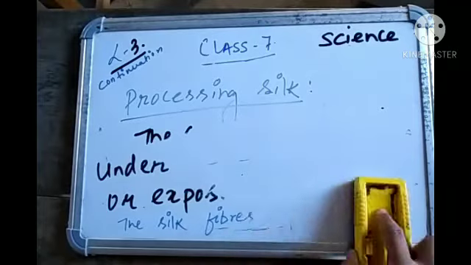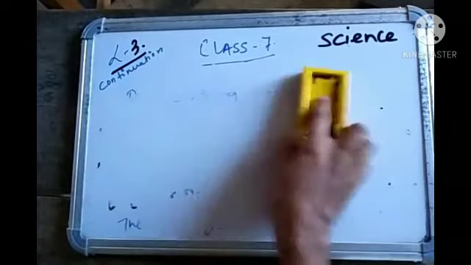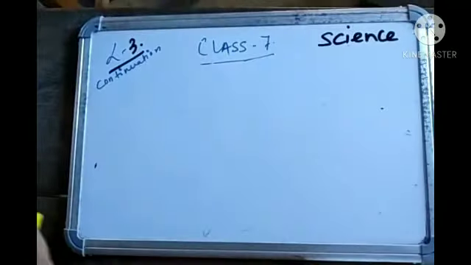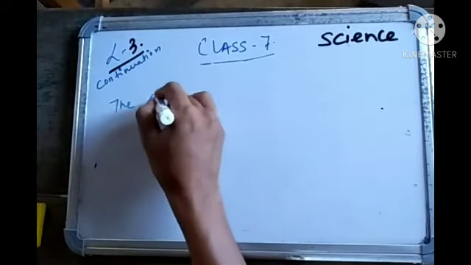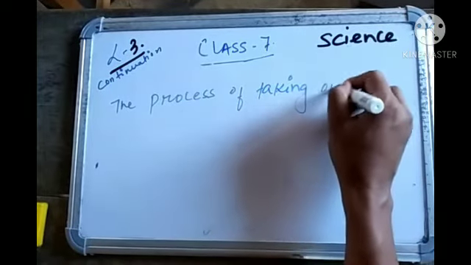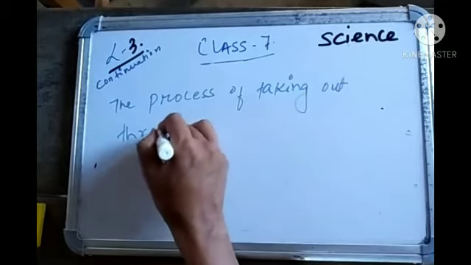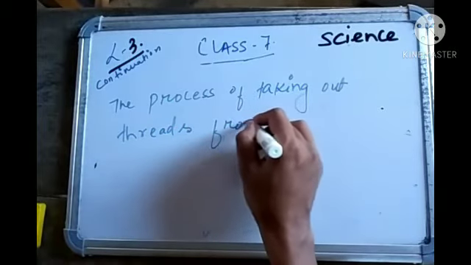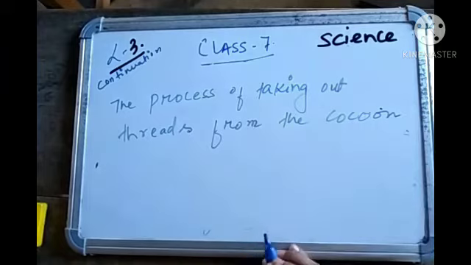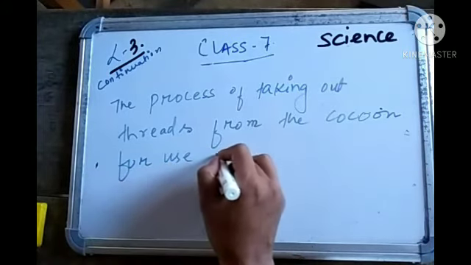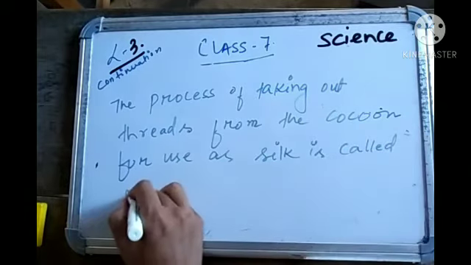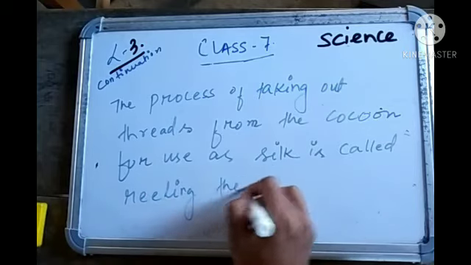So the process of taking out threads from the cocoon for use as silk is called reeling of silk.